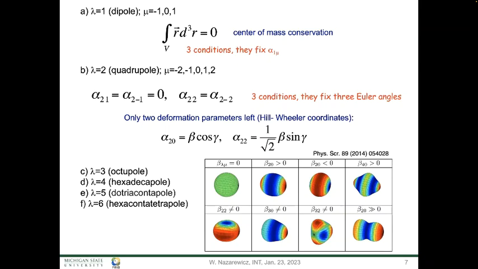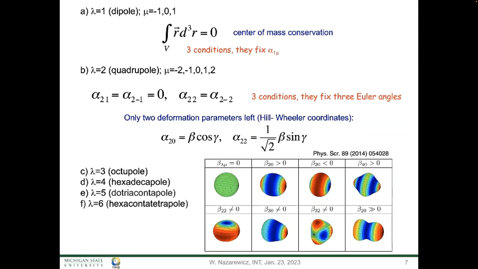And then for quadrupole deformations, there are 5 degrees of freedom, 5 magnetic quantum numbers, -2 up to 2, okay? And 3 of those deformations can be fixed by defining the intrinsic system by means of 3 Euler angle rotations. So this leaves only 2 deformations.